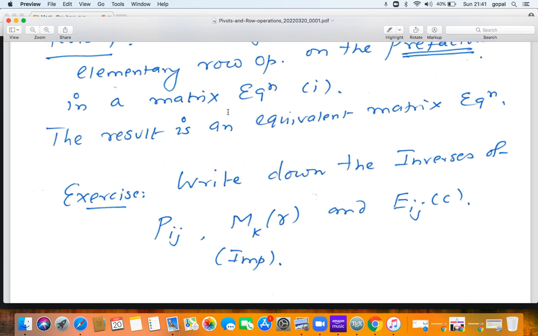Show that Pij, M k gamma, E ij c are all invertible matrices by actually displaying their inverses. Very, very important exercise. Please work out this exercise in great detail, it is very essential, and it will be very useful in the study of matrices.